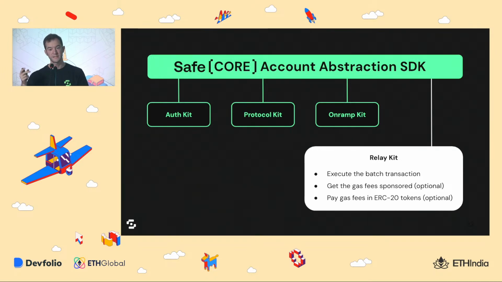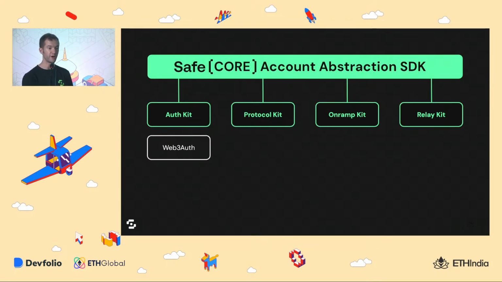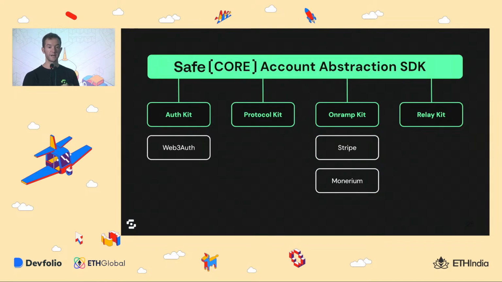Regarding the fees, they could be sponsored by the relay itself, or they could be extracted from the Safe. This is what we had initially. The third-party providers we are using for them are Web3Auth for login, Stripe and Monerium for on-ramp, and Gelato for relay.